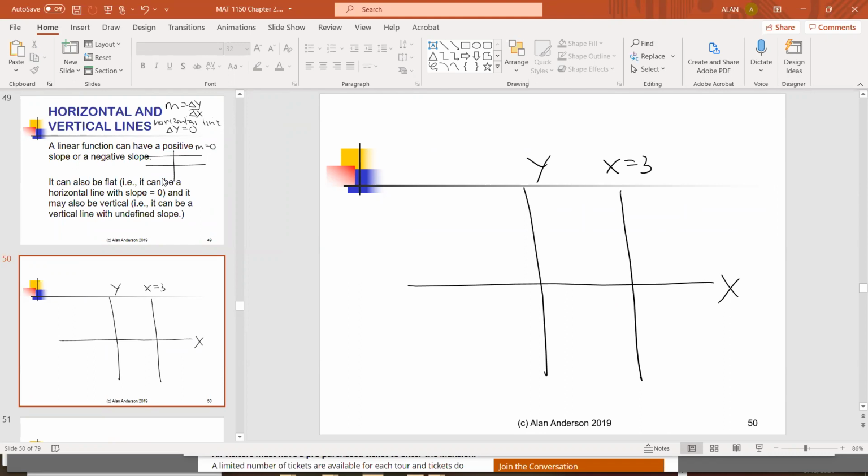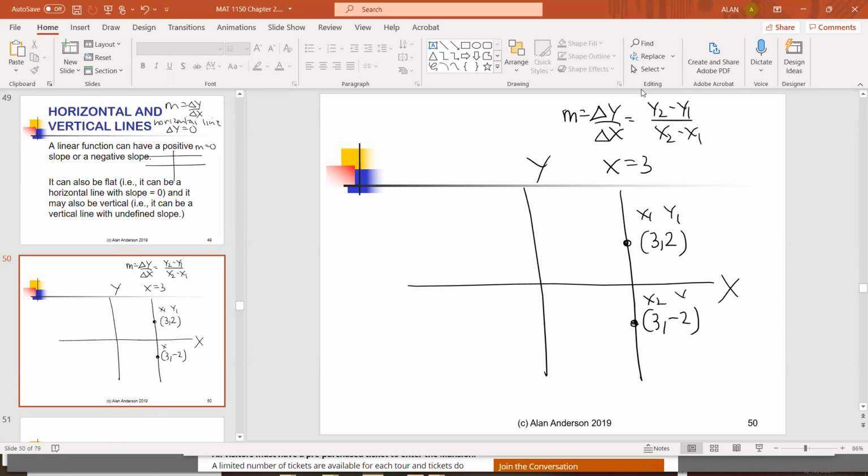But what about the slope? Well, remember the slope is delta y over delta x. So let me just randomly pick 2 points here. If I wanted to calculate the slope of this function, watch what happens. Remember, this is x1, y1, x2, y2.